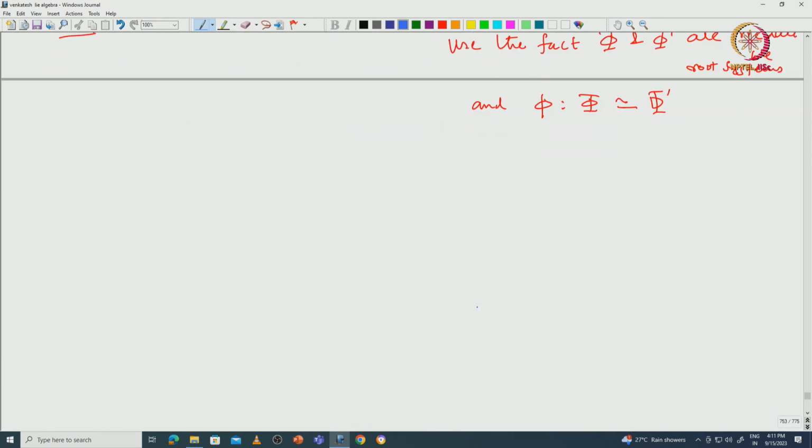Okay. So this exercise allows us to rescale the bilinear form on E dash, and with no harm we can assume pi is indeed an isometry.